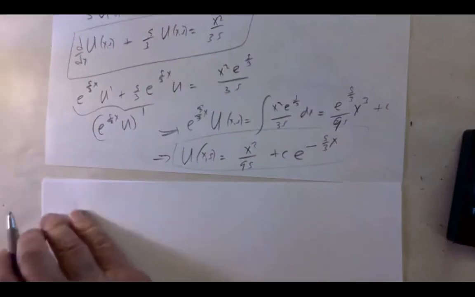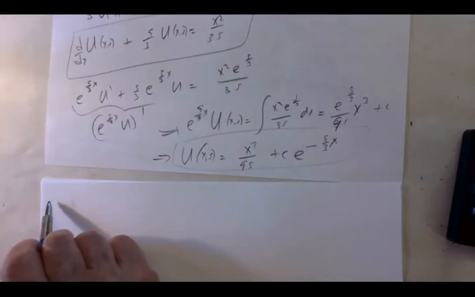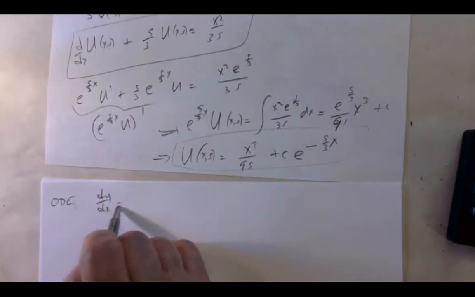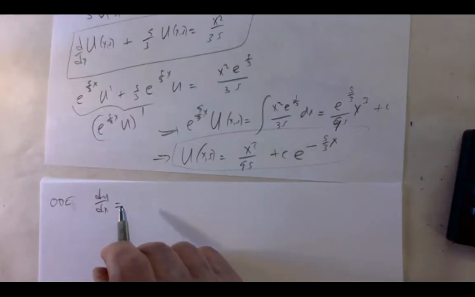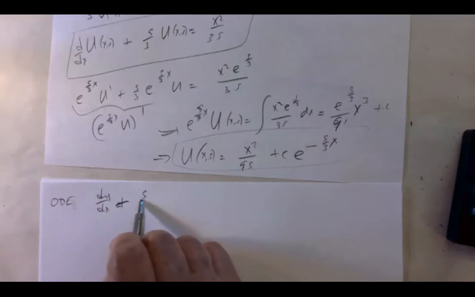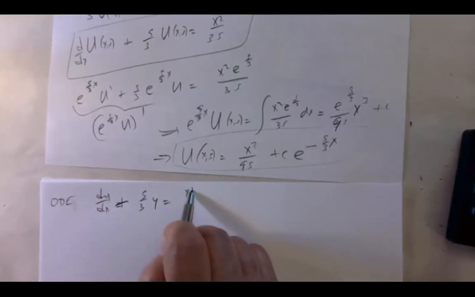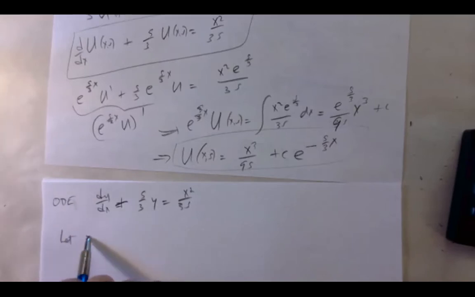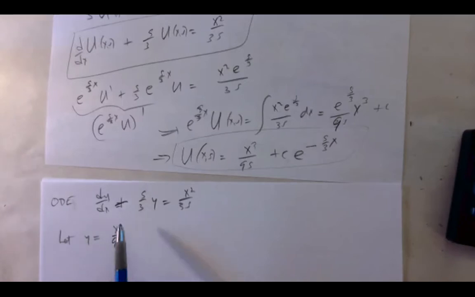So what this is saying is, for the ordinary differential equation, dy/dx plus s over 3 y equals x squared over 3s. Suppose we let y equal x cubed over 9s plus c e to the minus s over 3 x.